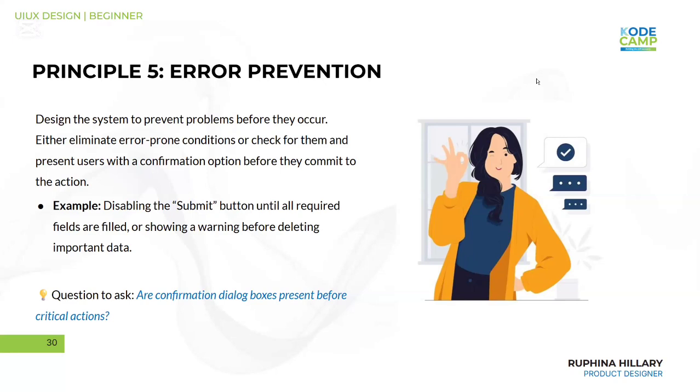There's a dialog that asks you, are you sure you want to delete this? That's a way to prevent error because we do not know what is happening with our users. It could be a baby carrying that just clicked on enter and deleted it by mistake. So it's our job to prevent as many errors as possible and make the experience good for the user.